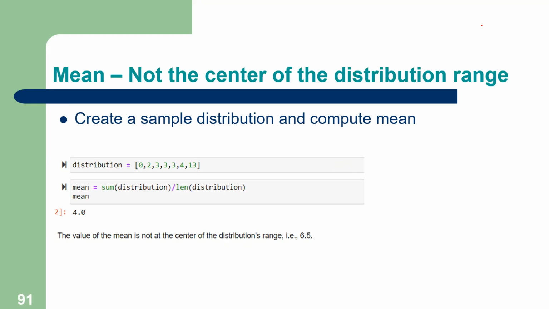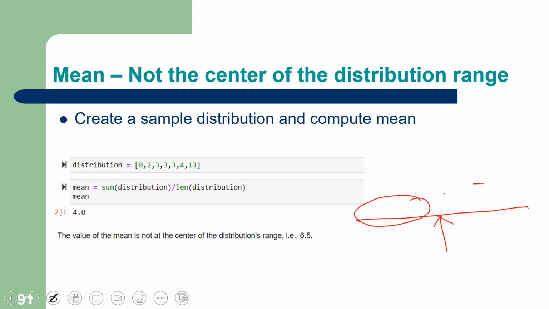When we have a distribution, the mean will be the center point. It means that the sum of the distances on the left side of the mean will be equal to the right side of the mean. That we call a center.